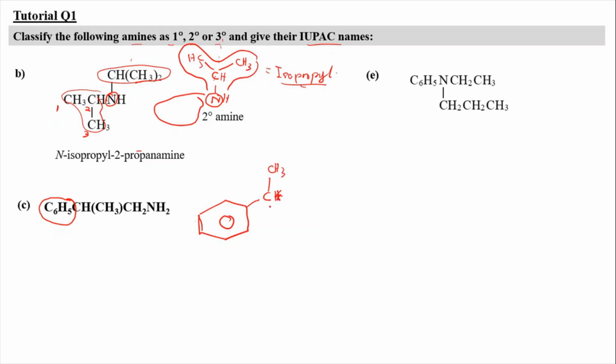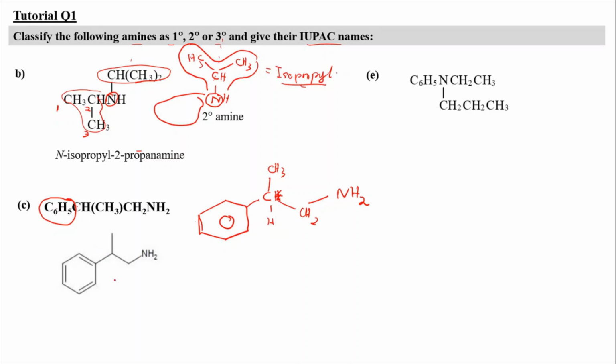This hydrogen is going to be below, and then this is going to attach with another CH2 and then NH2. So the structure is going to look something like this, or if I were to draw it nicely, I will get something like this.